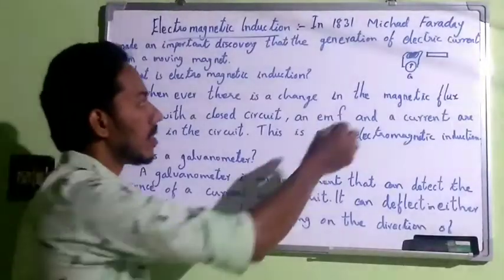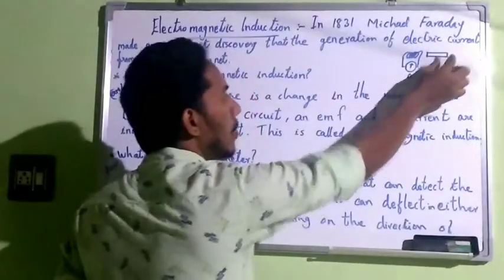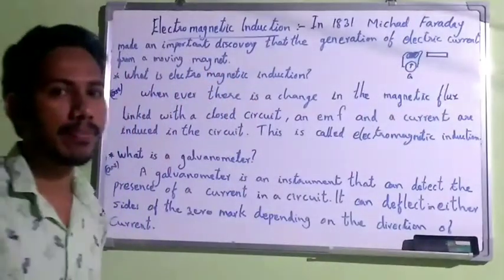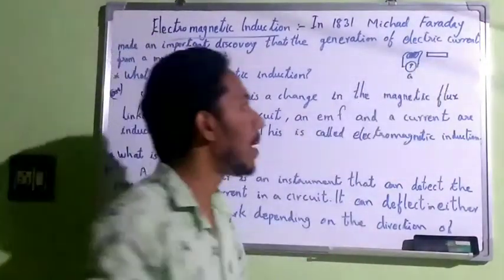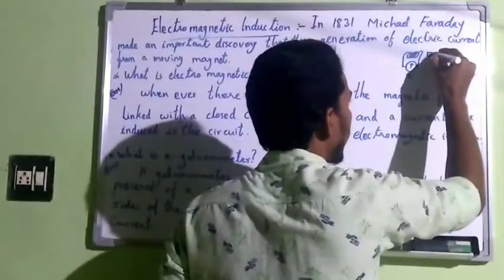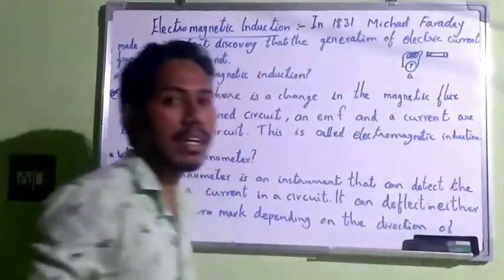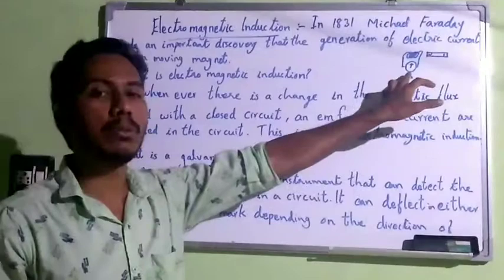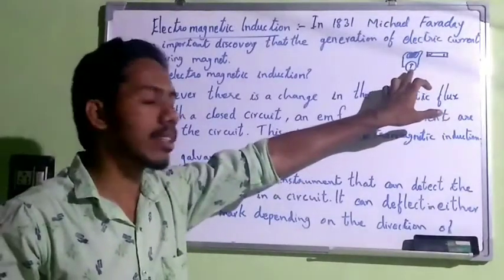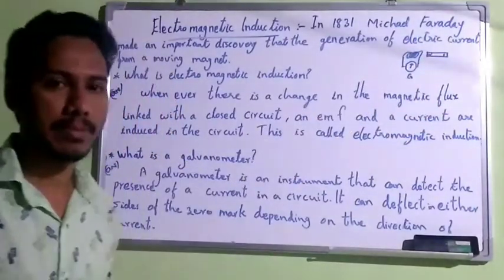Electromagnetic induction means a coil linked with a magnet produces a current. A coil linked with a magnet produces a current. This is a galvanometer. That current is detected by this galvanometer.